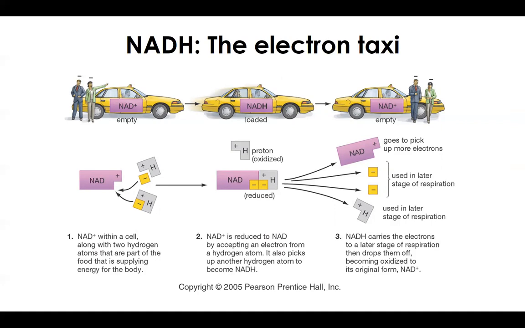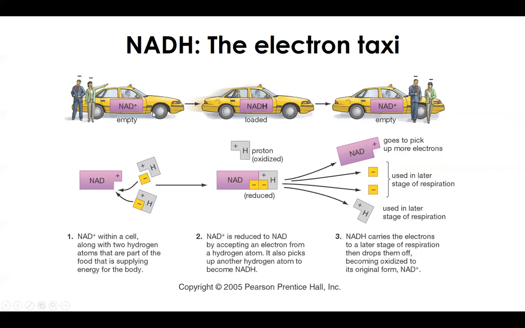Because we have to take electrons from carbon, we need some way to transport them. This way is largely using NAD plus and NADH. So NAD plus can be thought of as kind of an empty electron taxi, ready to pick up cargo.